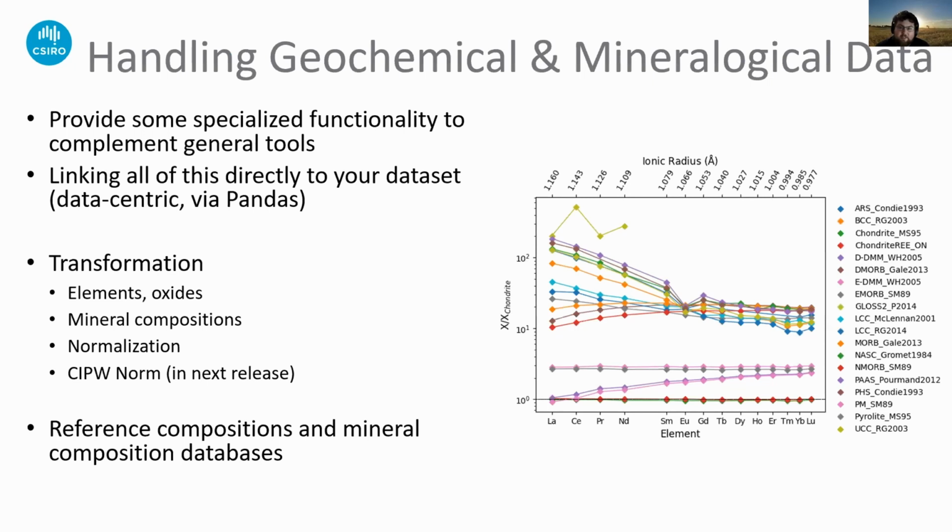So Pyrolite includes a range of functionality around transforming your geochemical data, whether it be transforming elemental data to oxides all the way around, looking at mineral compositions, normalizing to reference compositions. And there's a few examples here on the right of some that have rare earth data, but there's a whole bunch more and they're easily referenceable in Pyrolite. And it also contains the database of these reference compositions, as well as major element compositions of a range of rock forming mineral end members.